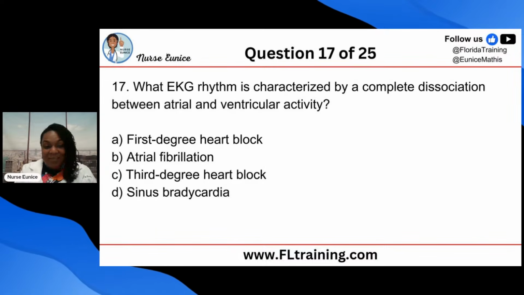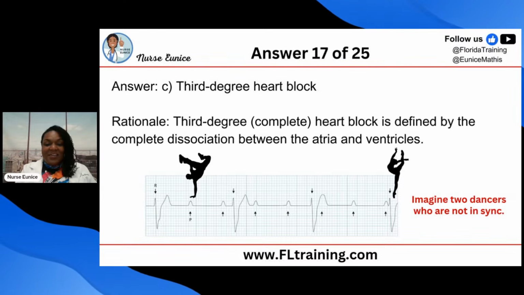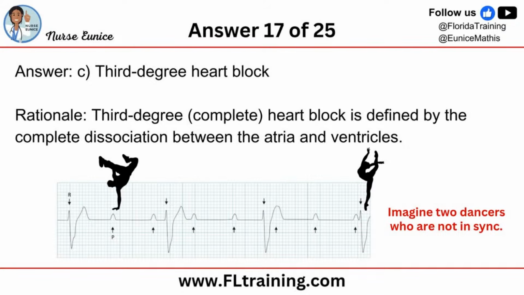Great job, everybody. Everybody chose C, third degree heart block. And so, whenever I think of a third degree heart block, in my mind, I literally see people dancing to 2 different rhythms. And so, here for the P waves, I have somebody who's breakdancing.